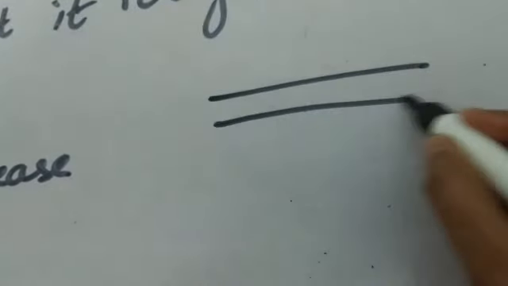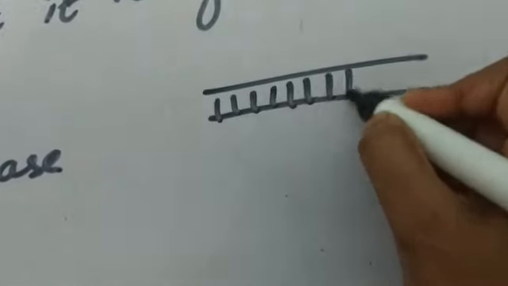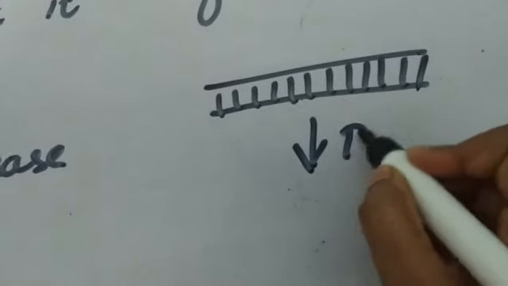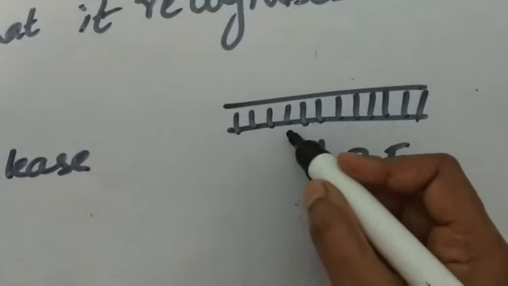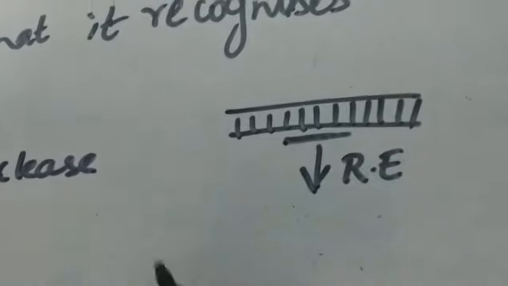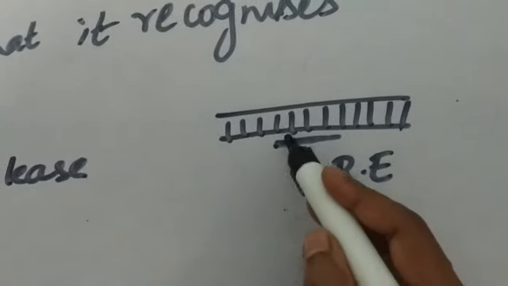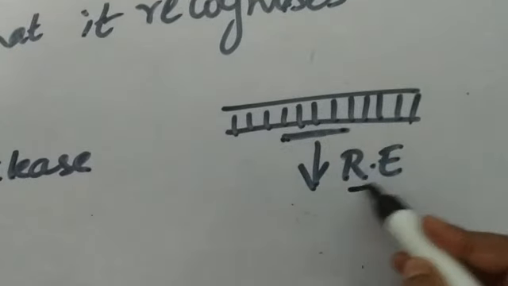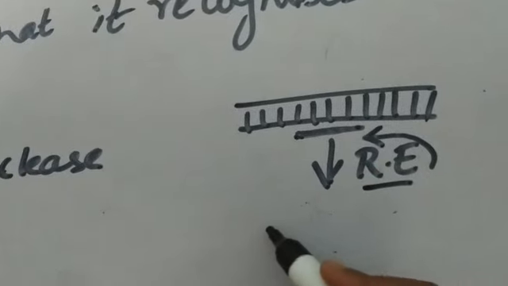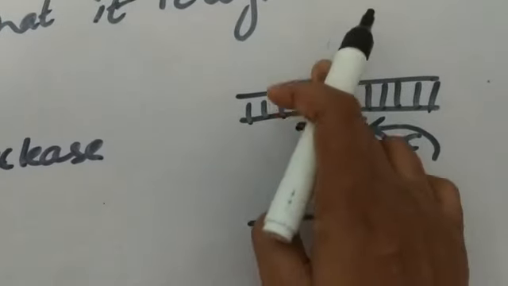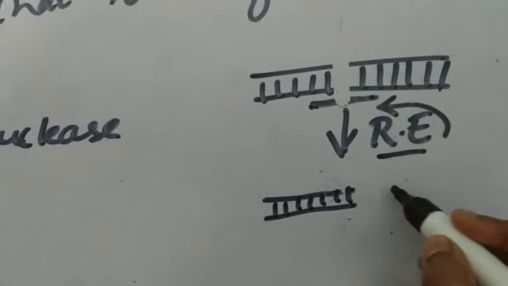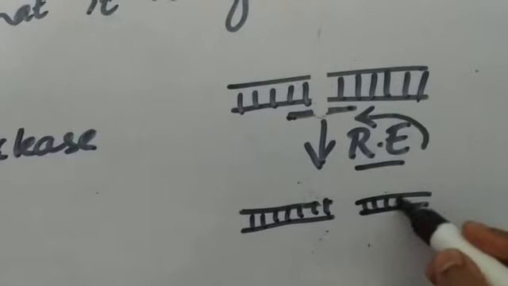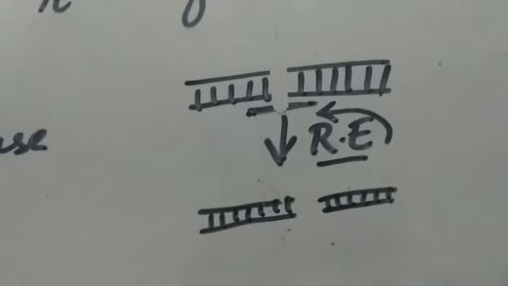But if to the same DNA molecule you are going to add a restriction endonuclease, I'll call it RE, restriction endonuclease, only if there is a specific sequence that the restriction enzyme recognizes, then it will cut the DNA at that point, like this, and it won't cut it any further.